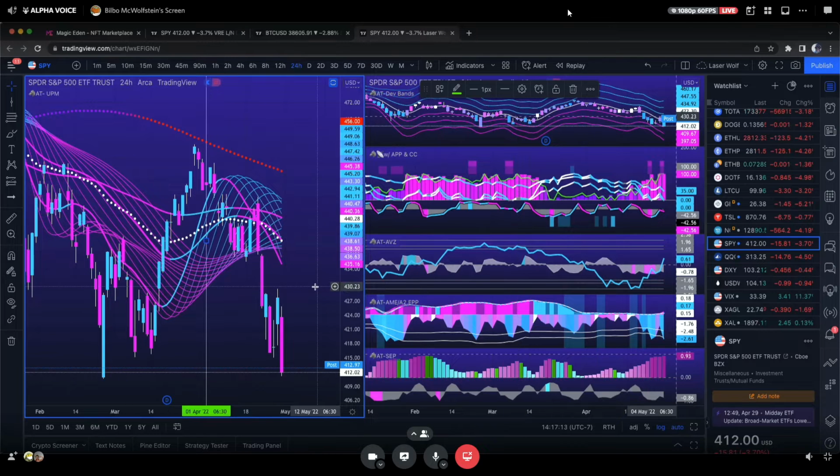What am I doing right now? I'm looking at where this monthly range is going to be. Look at these four massive volatile red candles. Look at those four days.